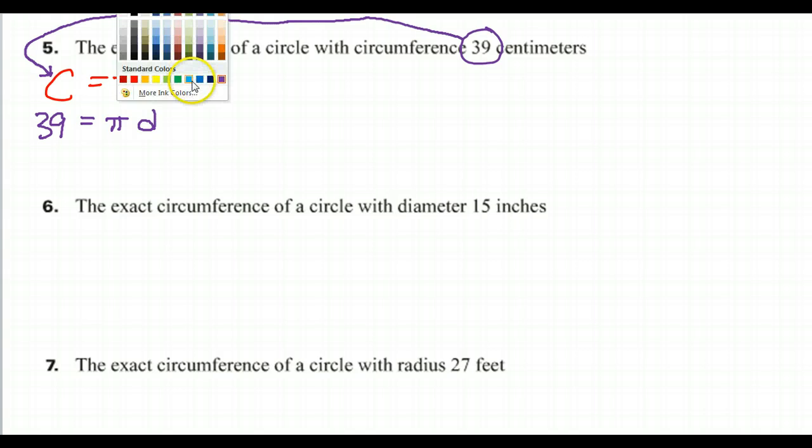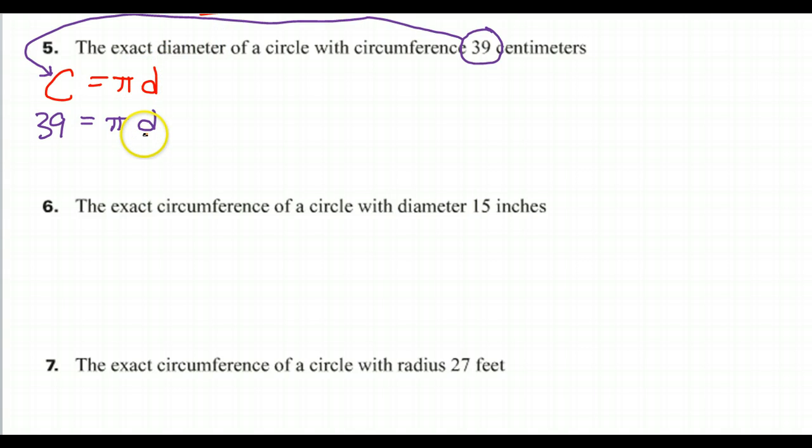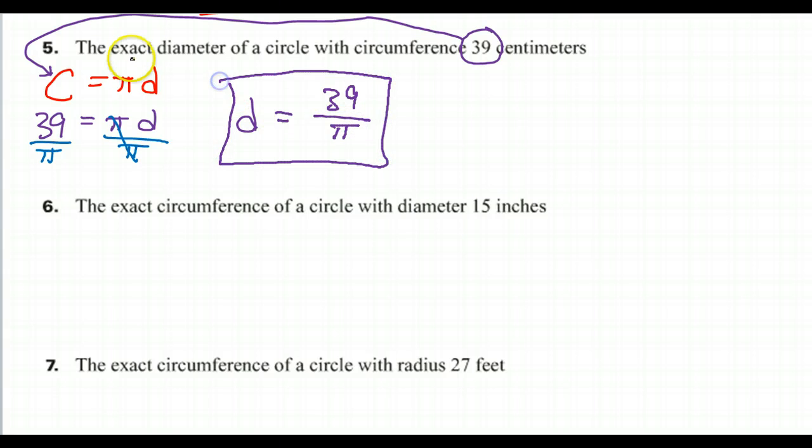Now I'm supposed to be finding this diameter. So that just means I need to divide both sides by pi to get d by itself. So these pi's cancel each other out, and look, that's the answer right there. Diameter is equal to 39 over pi. Okay, they said exact, so no decimals.